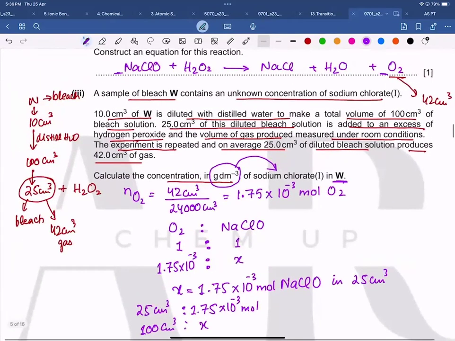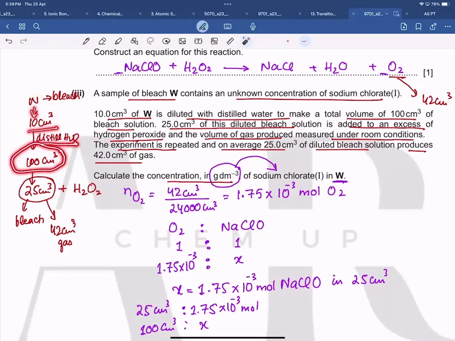See this thing. Let me repeat. There is a bleach which is labeled W. What they did, they took out 10 cm³ from this bleach and then mixed it with distilled water, and as a result, 100 cm³ of volume is made. And from that 100 cm³, they take out 25 cm³.